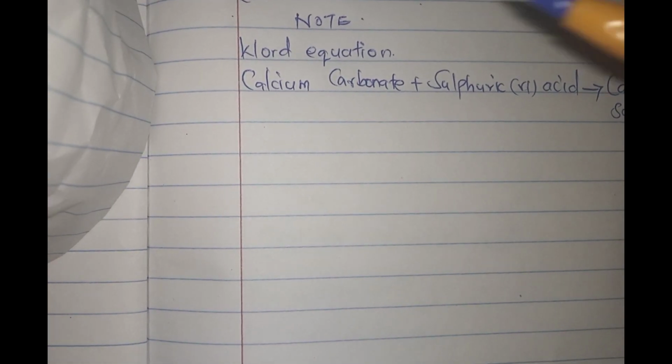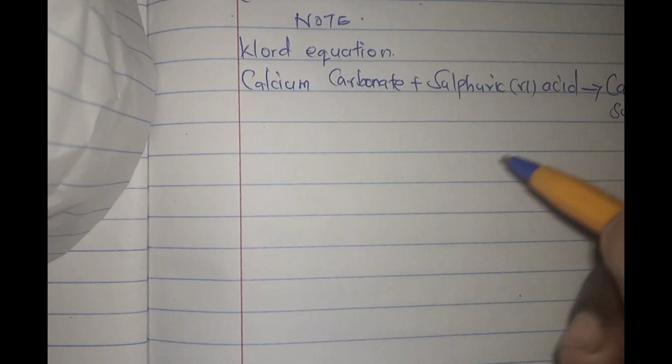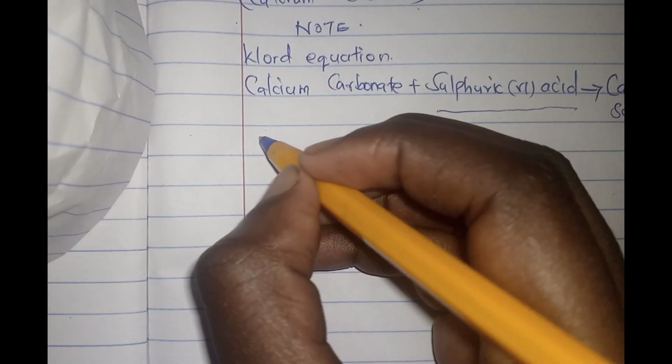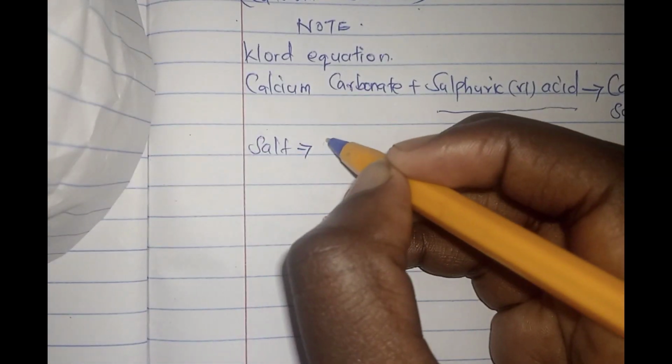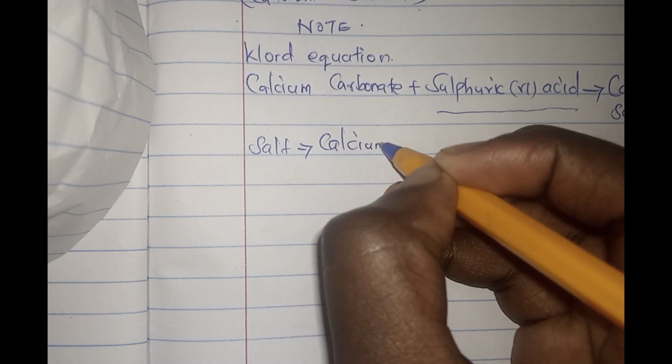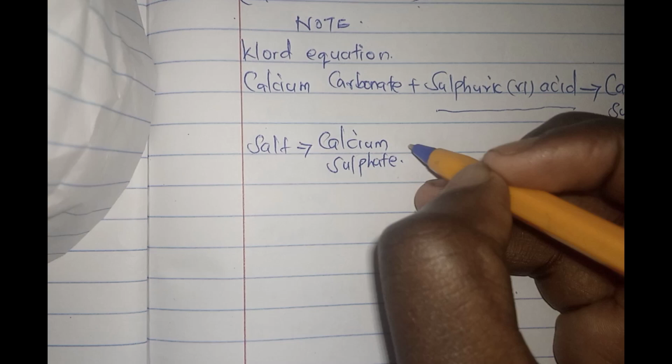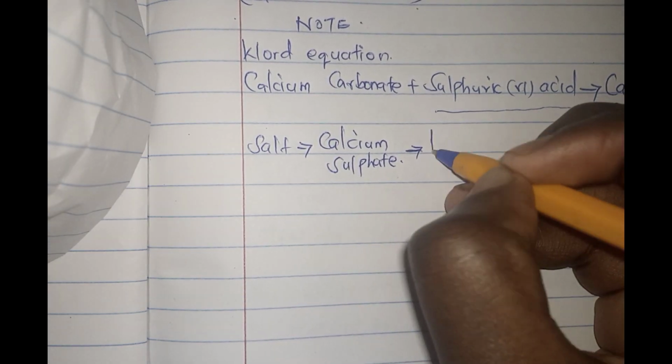When I am reacting calcium carbonate plus sulfuric acid, the salt that is formed, our calcium sulfate, is an insoluble salt.